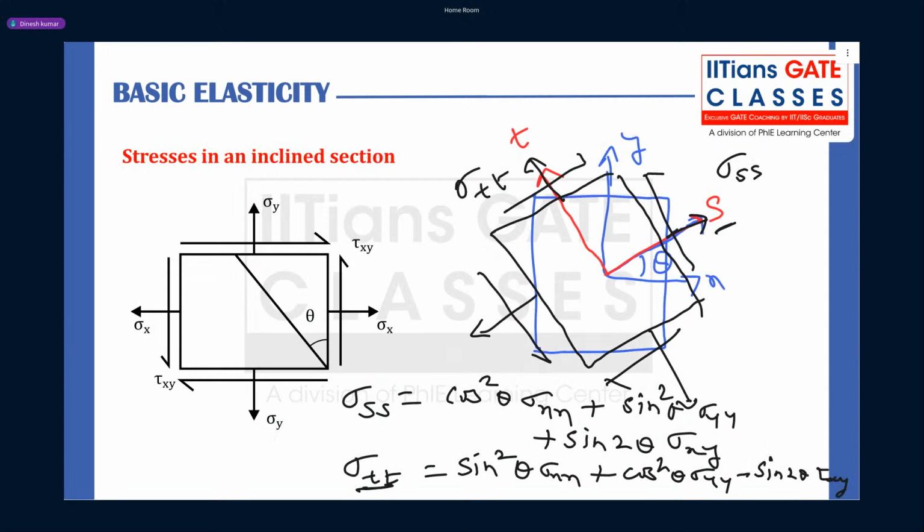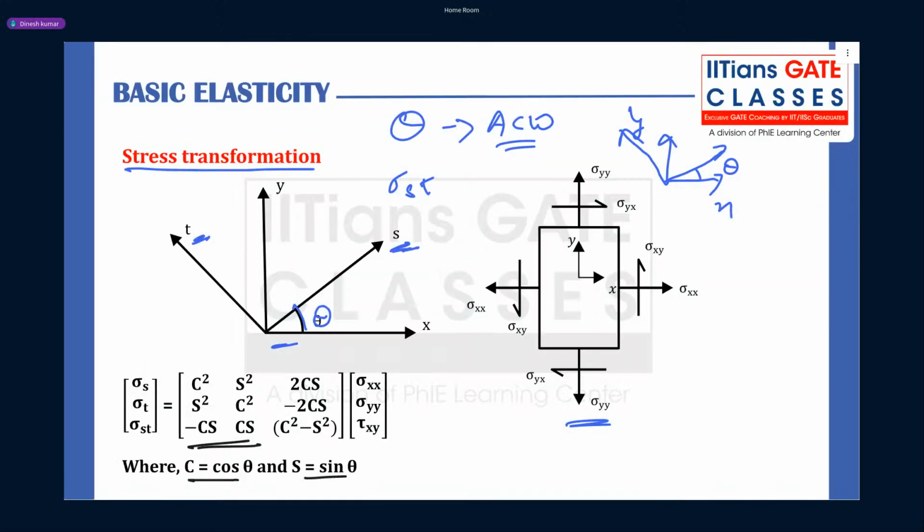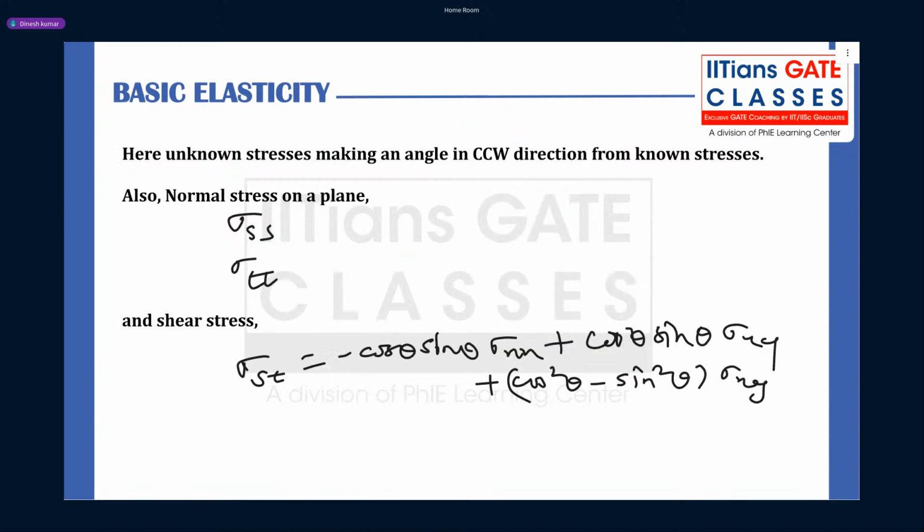Yes or no? You can check this from this matrix. Finally, if you simplify, most of you will know your shear stress on the inclined plane is given by sigma YY minus sigma XX by 2 into sine 2 theta plus sigma XY cos 2 theta.